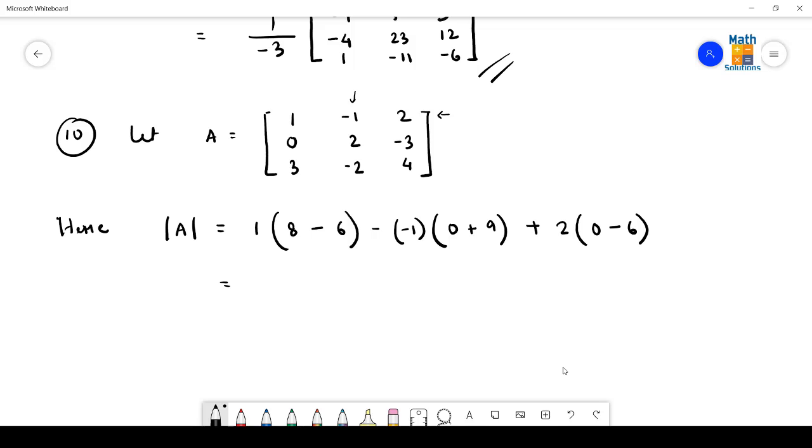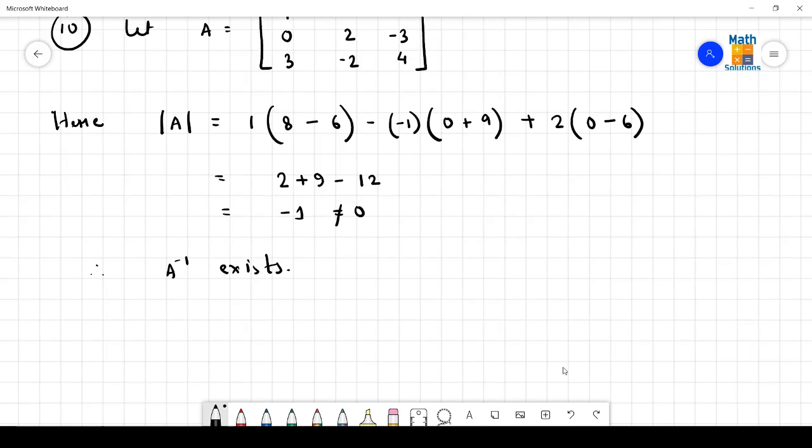I get the result to be 2 plus 9 minus 12. The answer will become minus 1, which is again a non-zero quantity. Therefore, A inverse exists.